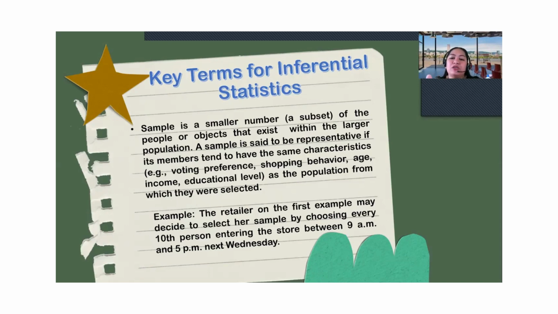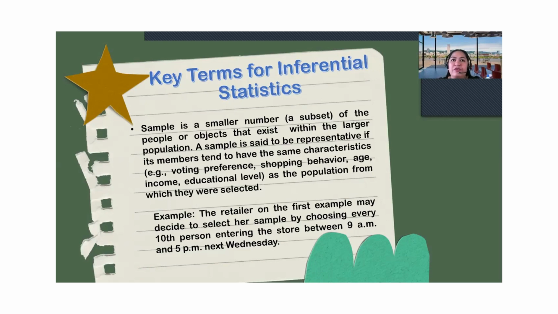A sample is said to be representative if its members tend to have the same characteristics, like voting preferences, shopping behavior, age, income, educational level, as the population from which they were selected. For example, the retailer in the first example may decide to select her sample by choosing every 10th person entering the store between 9 a.m. and 5 p.m. on the next Wednesday.